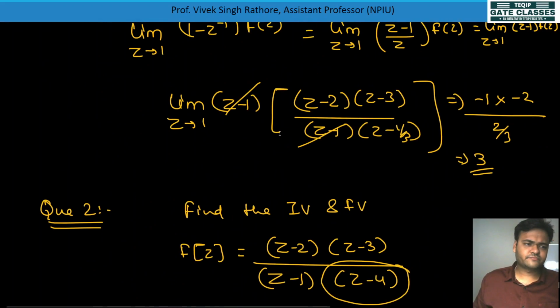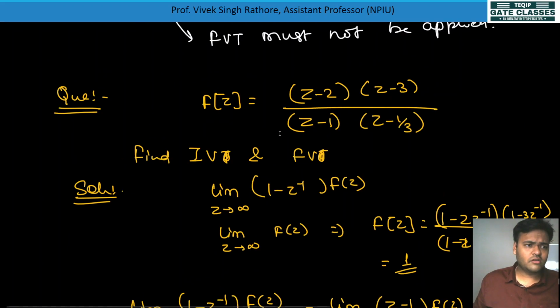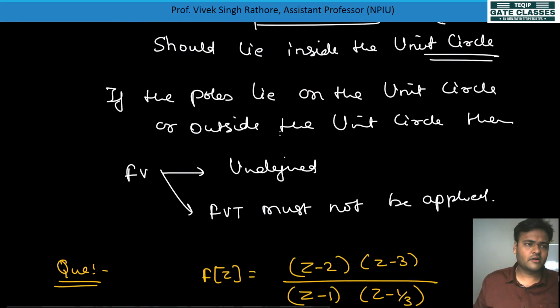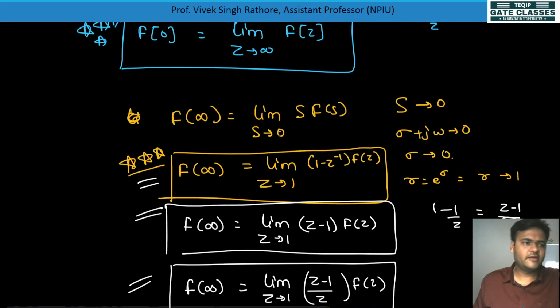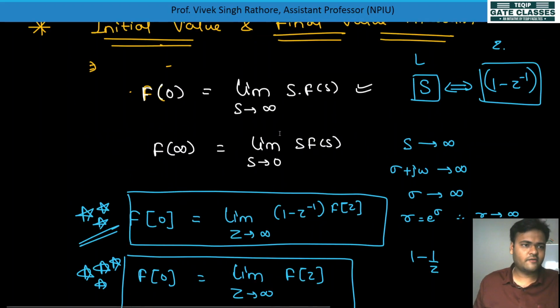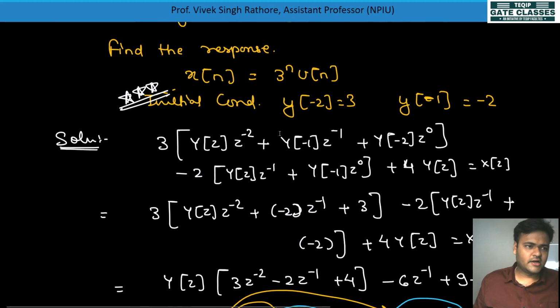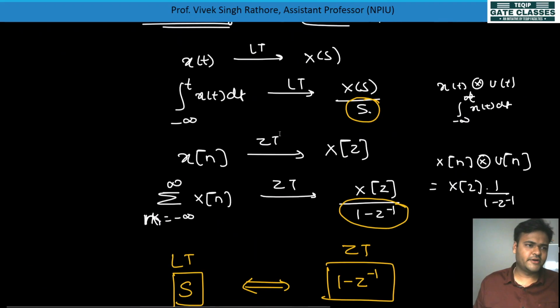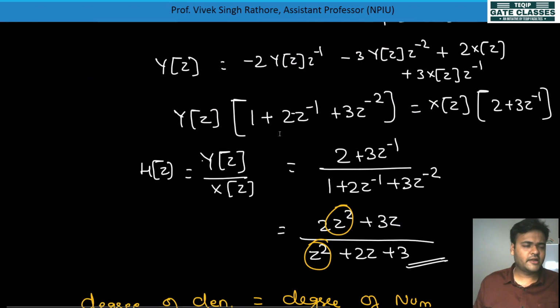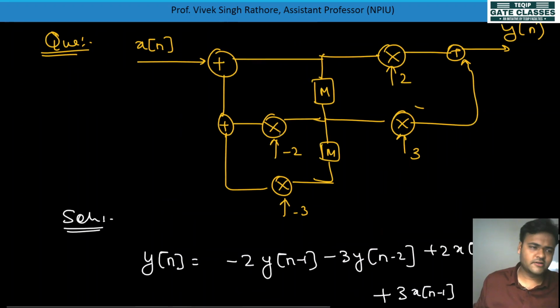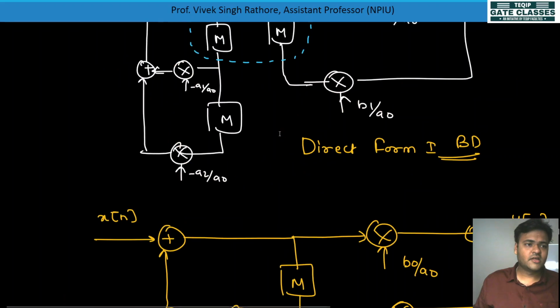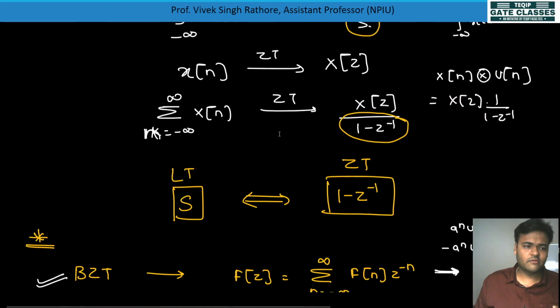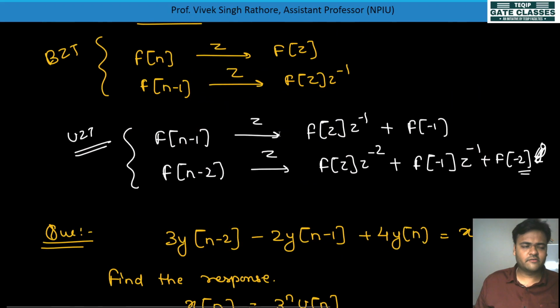So see, these were all the conditions for the initial value and final value theorem, and here comes the end of Z transform. In the fourth lecture I have almost completed every property and the standard Z transform for standard signals, what block diagrams are, how we plot them, and then the initial value and final value theorem.